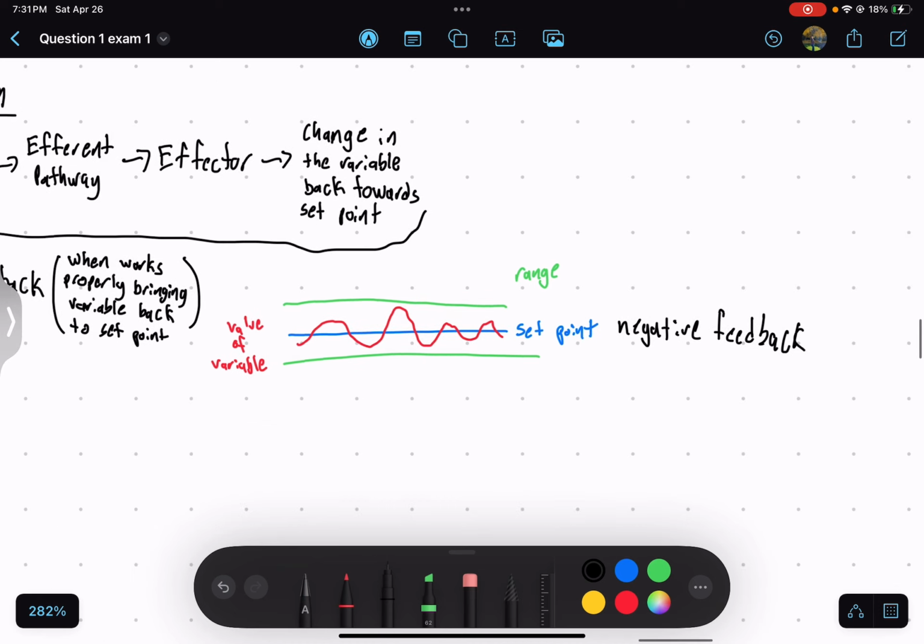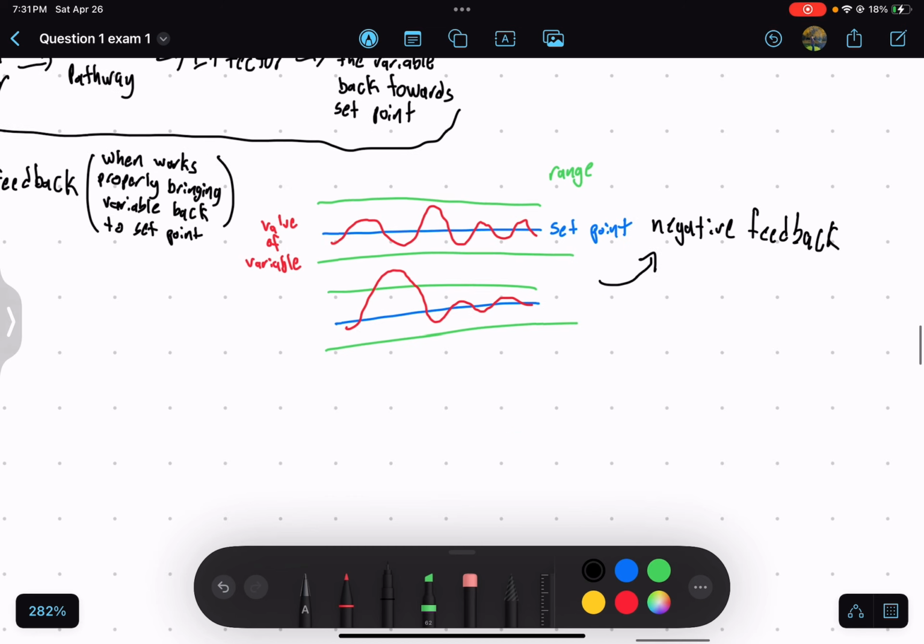And even if this were changed up a little bit to where our variable went outside the normal range, but as long as it went back to set point, then that would still be considered negative feedback. Positive feedback is whenever our variable leaves that range and doesn't come back.